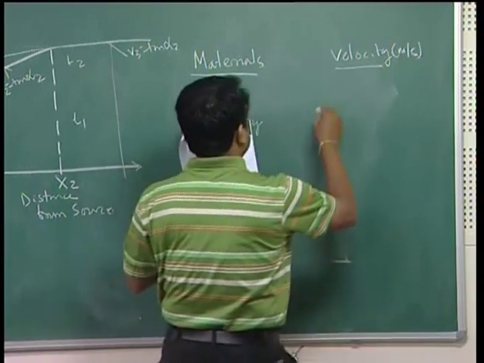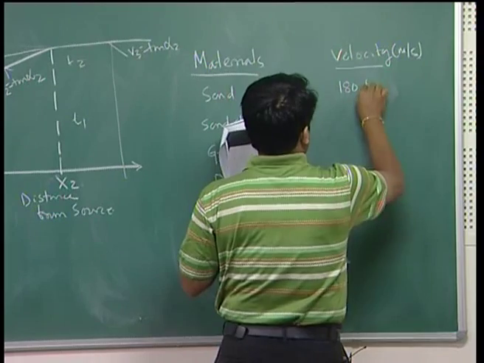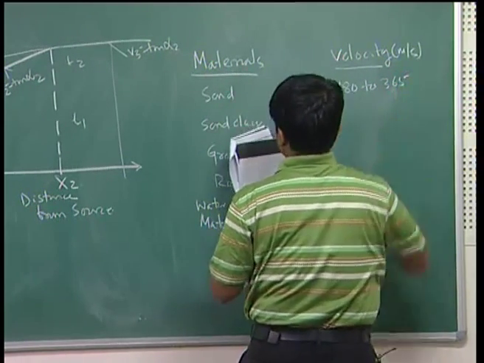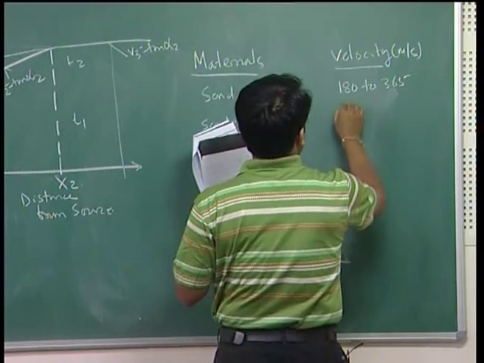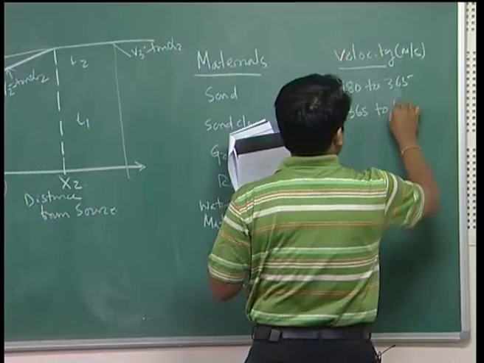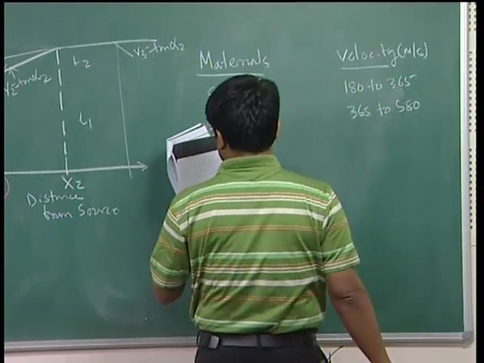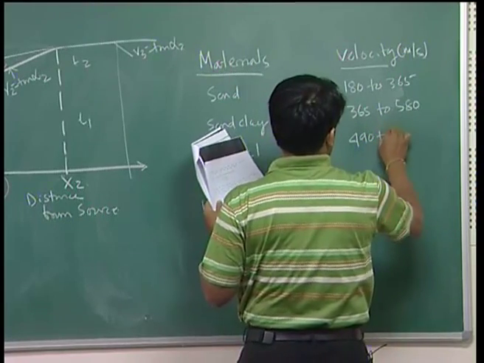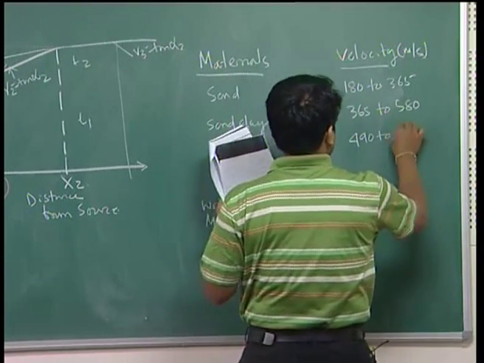In sand it is 180 to 365, sandy clay 365 to 580, and gravel 492 to 790.